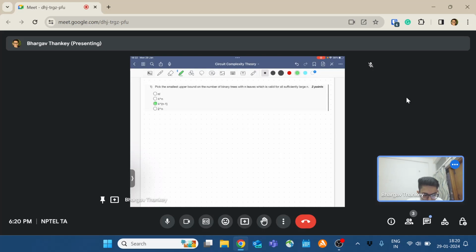But why? Okay, so one simple way is this. There are n leaves, right? These imply n minus 1 internal nodes. Now forget about the tree, just focus on one internal node.